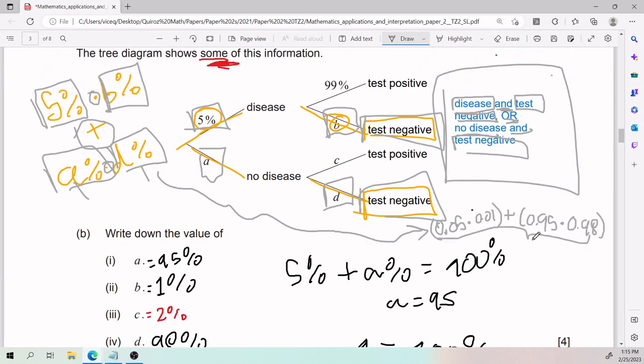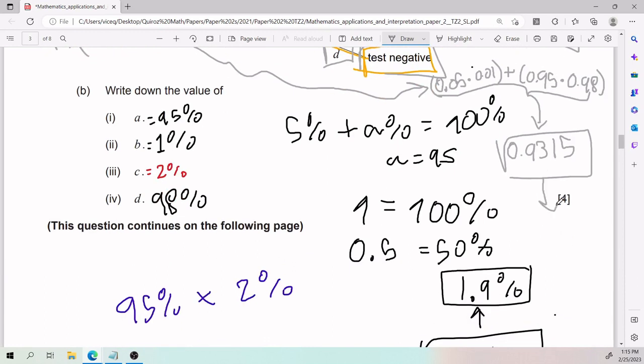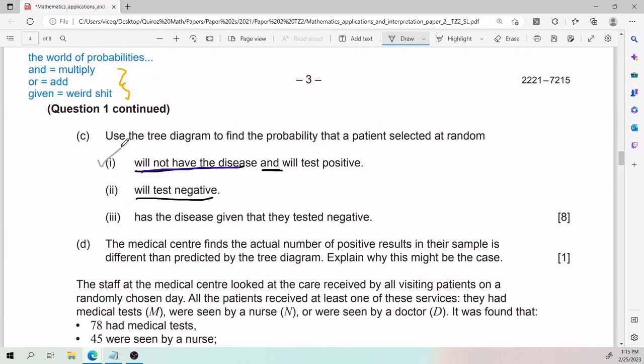So all of this into your trusty calculator, and you're going to end up with 0.9315. If you don't like how that looks, you turn it into a percent. That is 93.15%. So this is the probability of testing negative. That is for the second part.